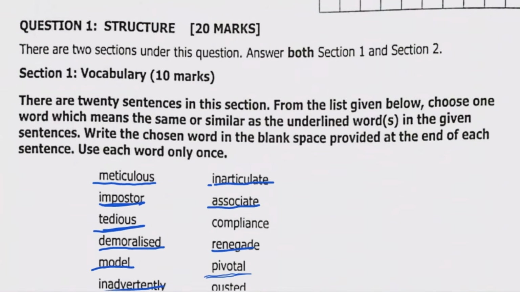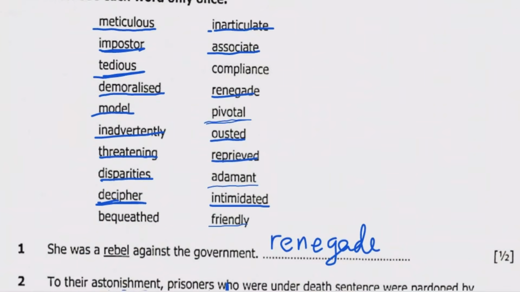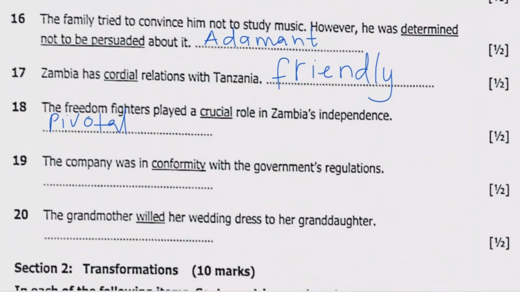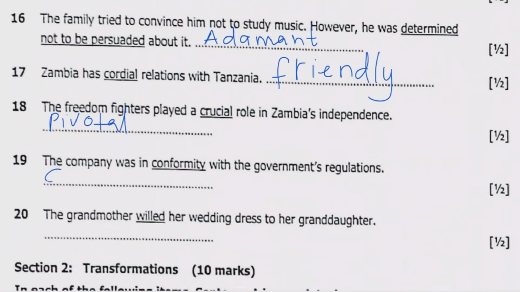Let's look at the words that are underlined. Compliance. Compliance is the one that means you have been following the guidelines. So let's write the word compliance there. The correct answer is compliance.